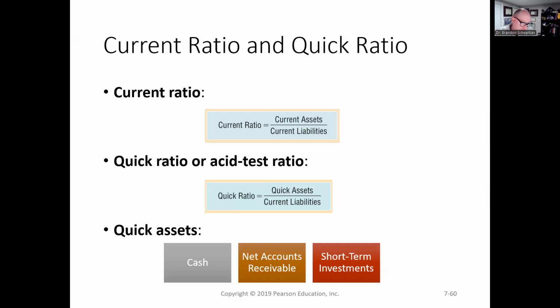We do not include inventory in this ratio because inventory cannot be quickly liquidated. So in this case, cash, cash equivalents, short-term investments, and accounts receivable. Those are your quick assets. So we add those together and divide that by current liabilities to get our quick ratio.